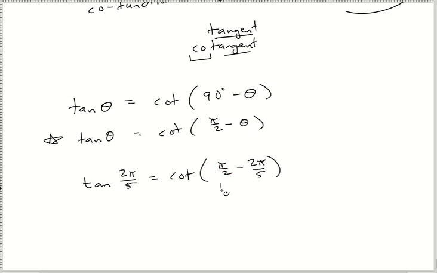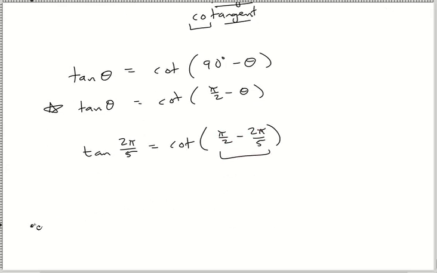Now, I have no clue what this thing is, but we can go and do that in the calculator. How do you do that in the calculator? You got 1/2 minus 2/5. Do not put the pi. Your calculator probably would freak out if you put a pi in there and it wouldn't understand. It would just give you some kind of decimal. But see, I got a nice easy fraction.